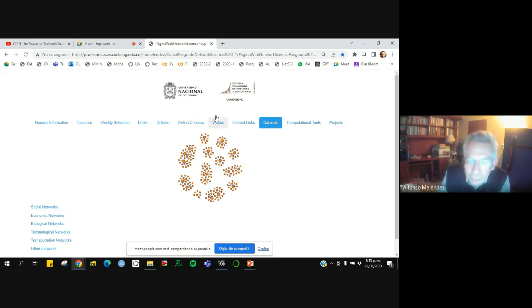If you attack a network like this randomly, you are going to destroy some nodes, but a lot of nodes don't do harm to the network if it's a random attack. But if it's a deliberate attack, for example a hacker attacking the hubs, you destroy very rapidly the connectivity of the network. So there are two sides of the story.